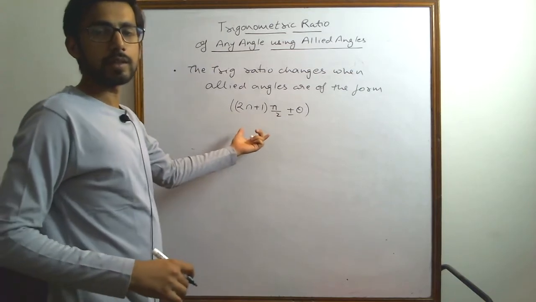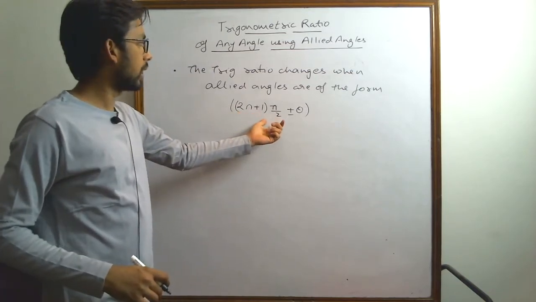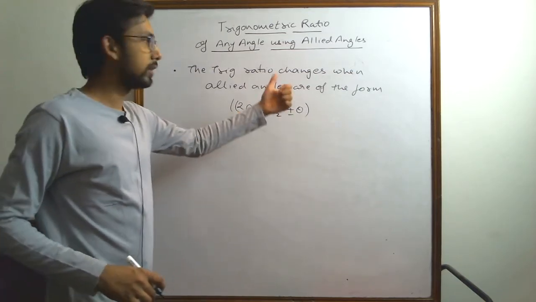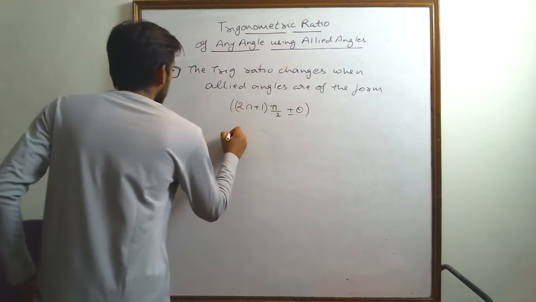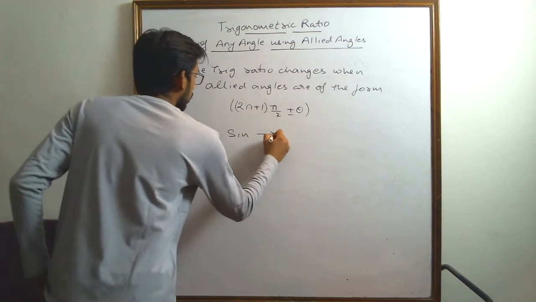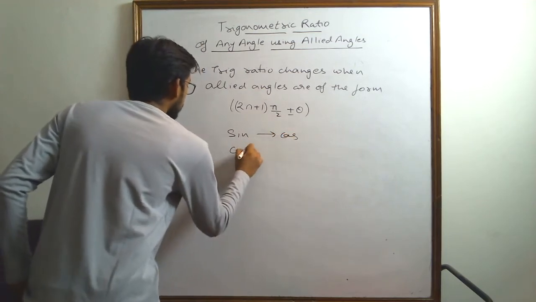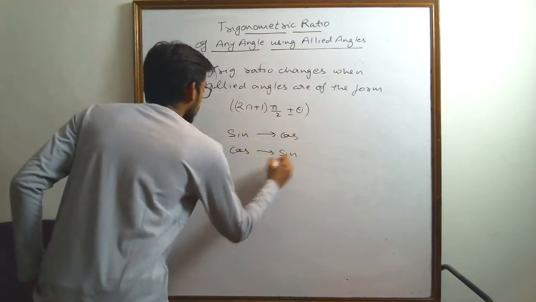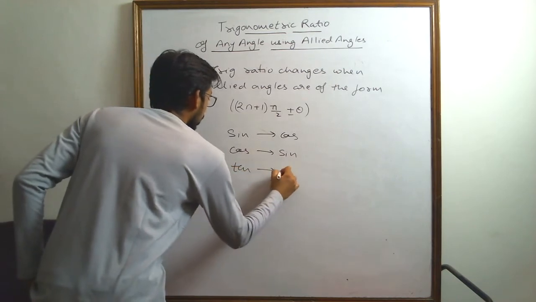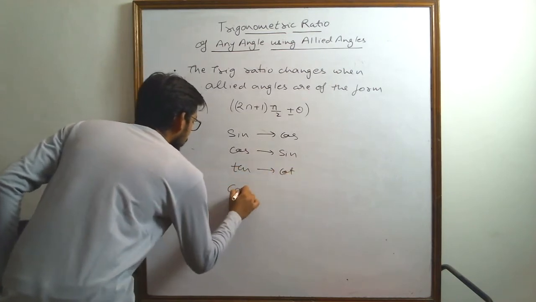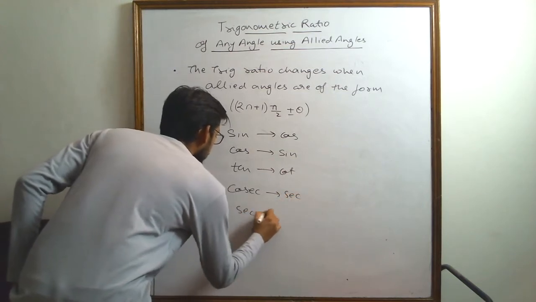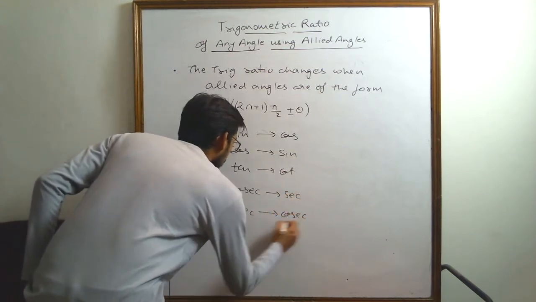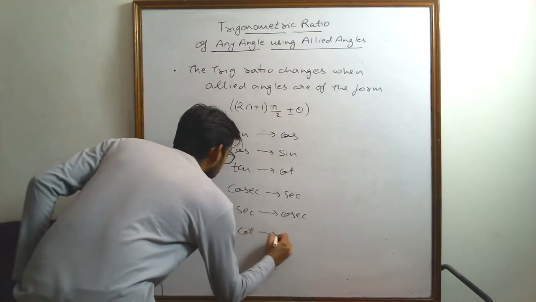When the allied angles are of the form odd multiples of pi by 2 plus minus theta, in that case the trigonometric ratio changes from sine to cos, cos to sine, tan to cot, cosec to sec, sec to cosec, and cot to tan.